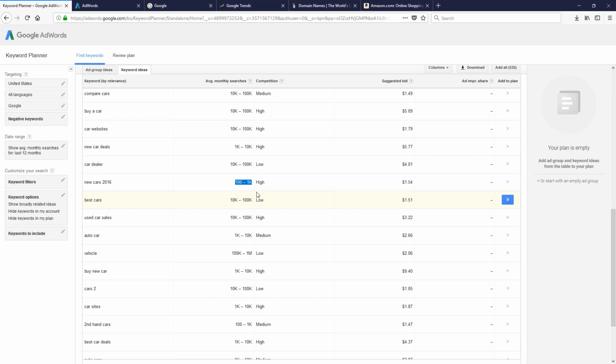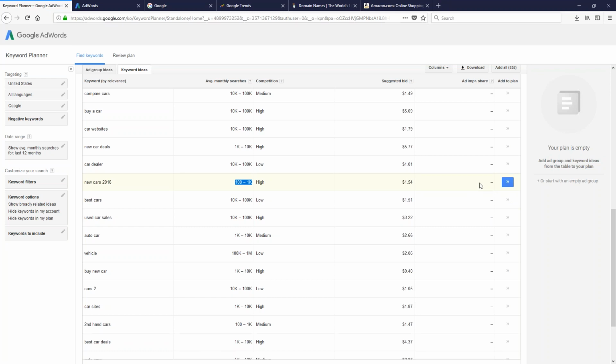You don't have to spend a ton of money. If you can just find a selection of keywords and bid a couple of pennies on that particular keyword and just let those ads run for a month or two, you can usually come in here and they will show you the specific numbers again instead of giving you these ranges.